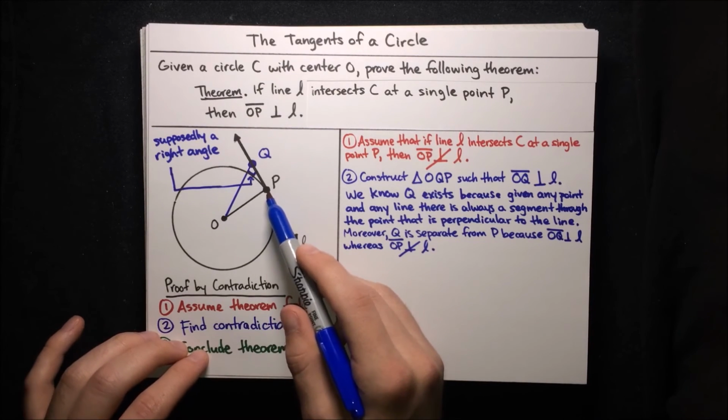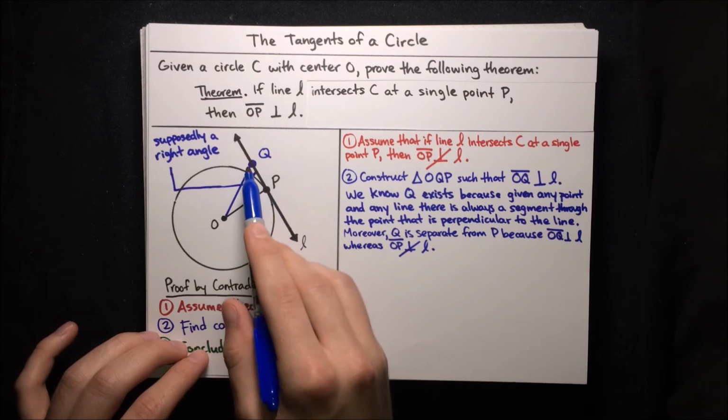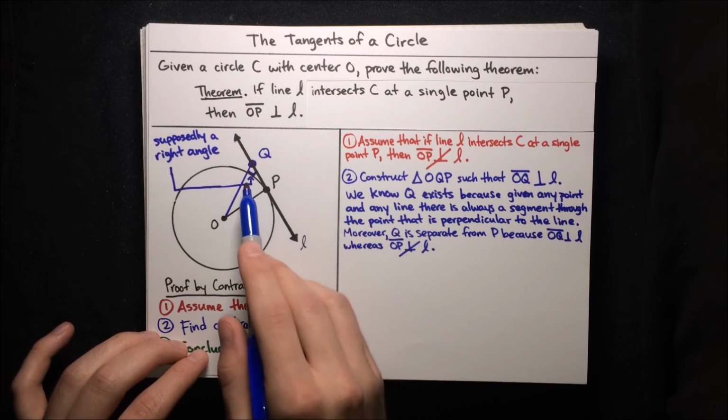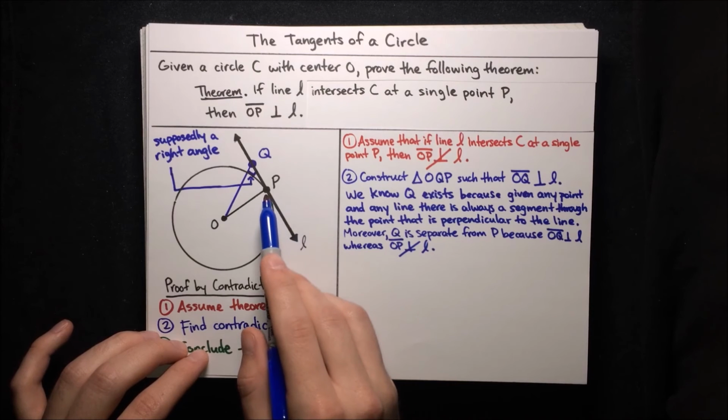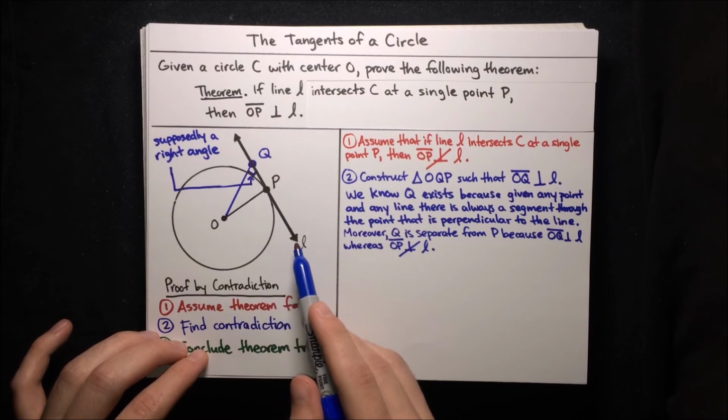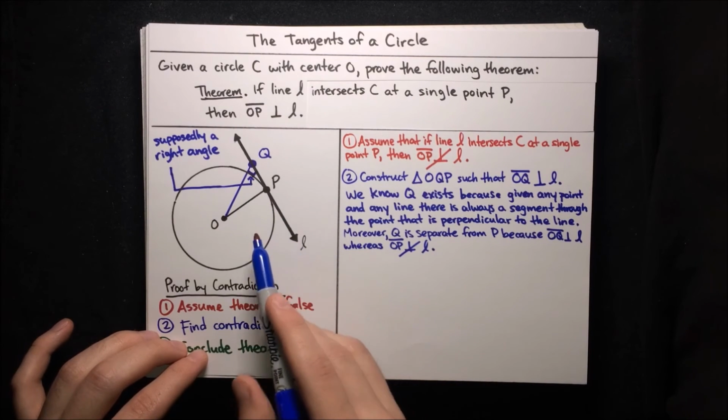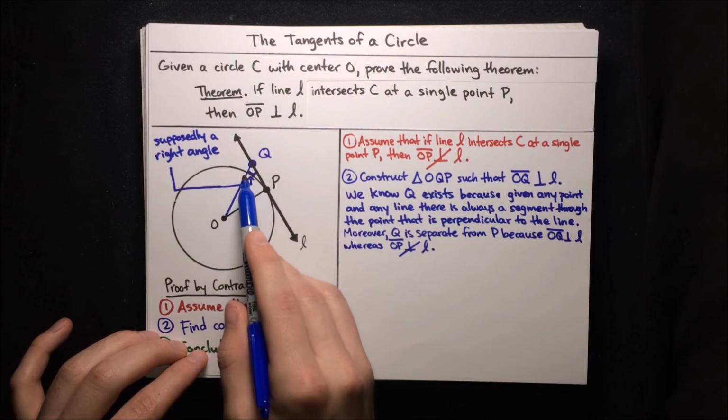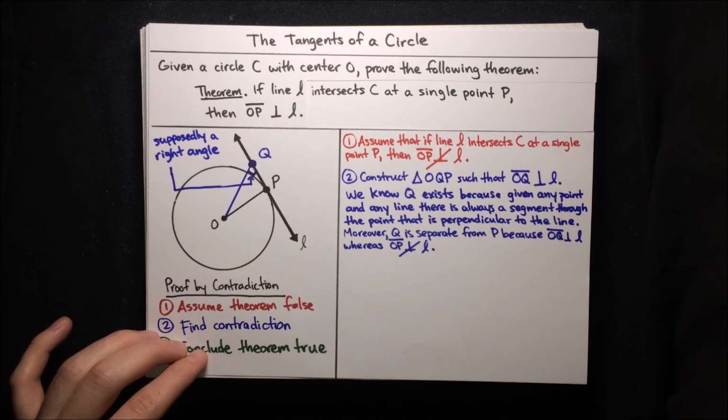But really, that can't be right because no matter where we put the point Q, anywhere along the line L that's separate from the point P, the point Q is always outside of the circle. So that means the segment OQ is the radius of the circle and then a little bit more. So it's got to be bigger than OP, which is just a single radius of the circle. So that means OQ really needs to be the longest side of the triangle. And there's our contradiction.